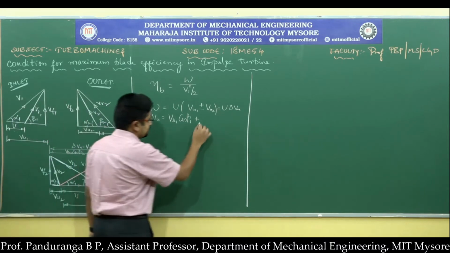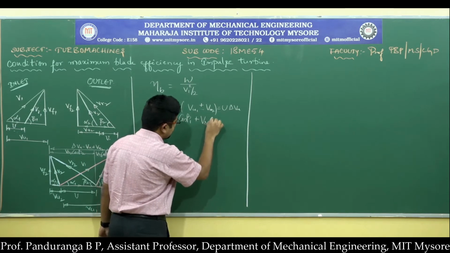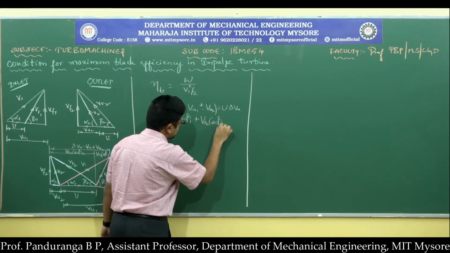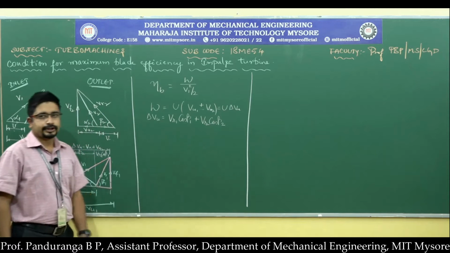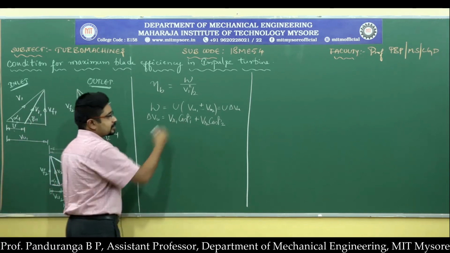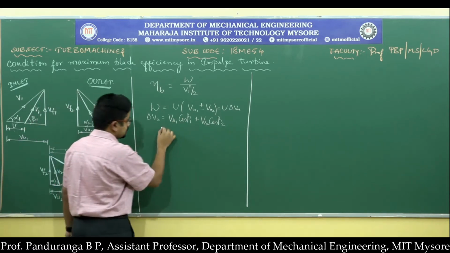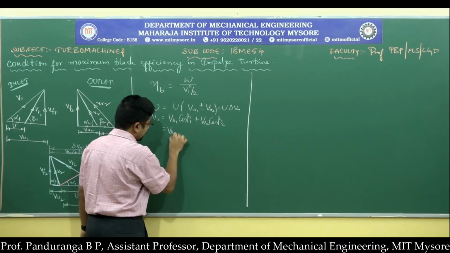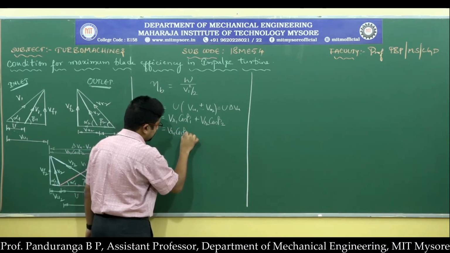So I will write this as plus VR2 cos beta 2. Now I will take VR1 cos beta 1 as common. So I will write VR1 cos beta 1.